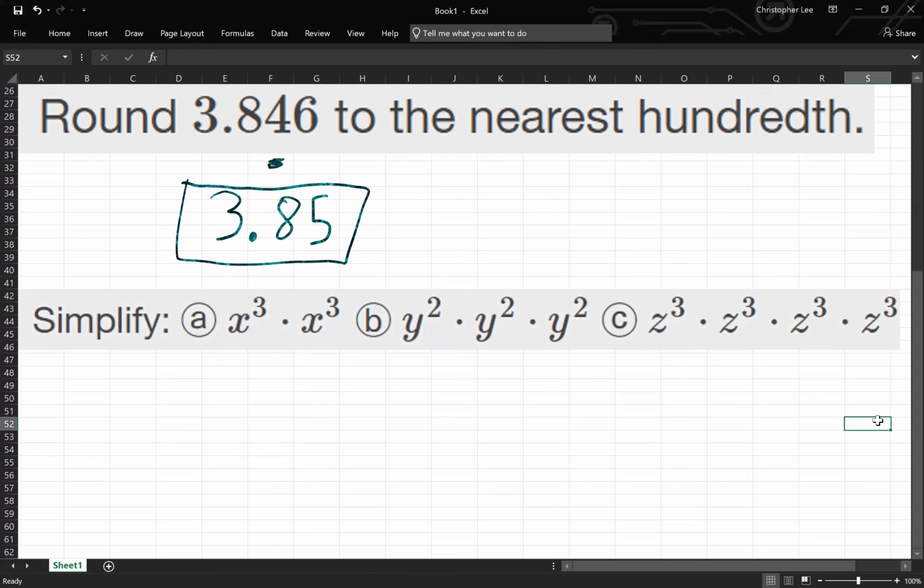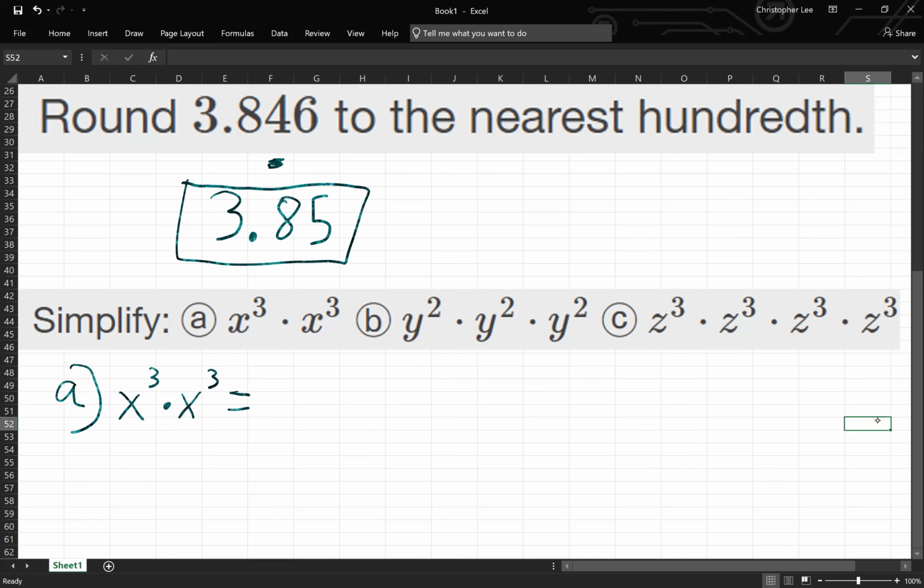All right, so I have x to the third power times x to the third power. Whenever I multiply exponents, right, what do I do with the powers? Remember? So I'm looking at A. X to the third times x to the third.